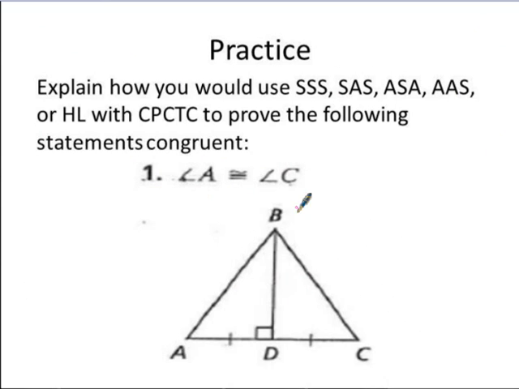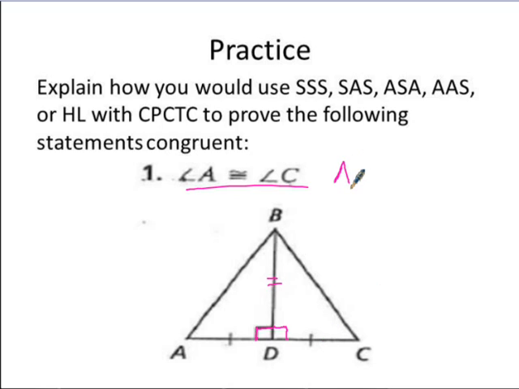We have these two triangles, and we're asked to explain how we would use CPCTC to prove this. That's not marked, but here's what we do know. That's 90, which means that's 90. This is reflexive.